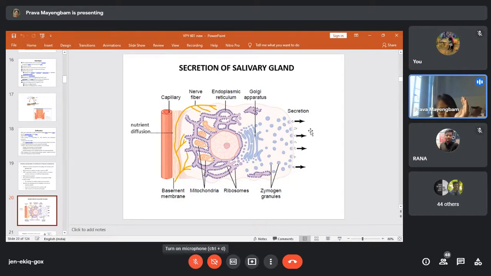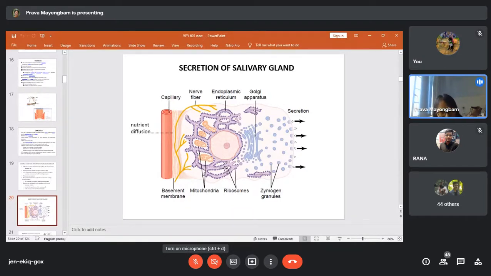The apical end means this side, towards which the secretion has to come, and this is the hollow opening of the digestive tract. While the base is at the wall of the digestive tract. Just imagine it like this. Each cell is surrounded by the blood vessels and supplied by the nerve terminals.